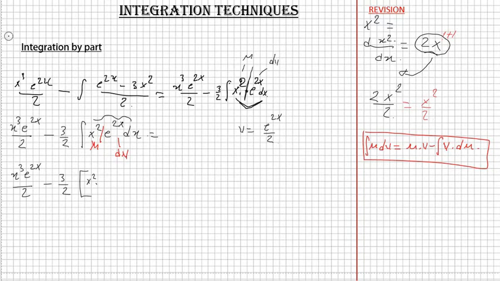When you integrate this, you get e^(2x)/2. You just need to divide the exponent by the coefficient of x, because the exponent has a linear form, so you just need to divide everything by the coefficient of x.